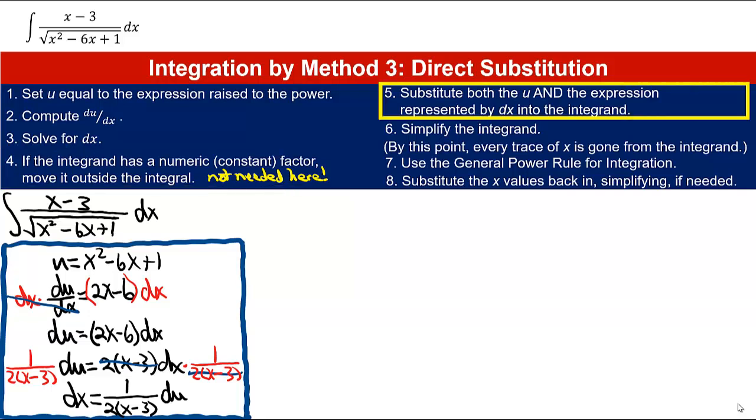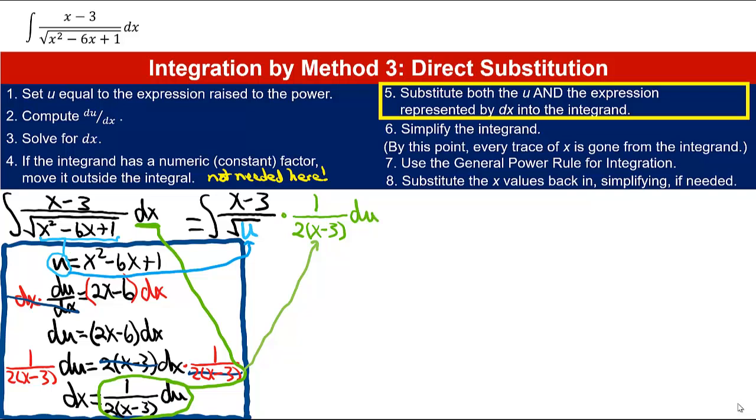Step 5 says to substitute both the u and the expression represented by dx into the integrand. So it's just a straightforward process. We let u be x squared minus 6x plus 1, so you simply put that u under the square root in place of the x squared minus 6x plus 1. Also, the differential's got to go.